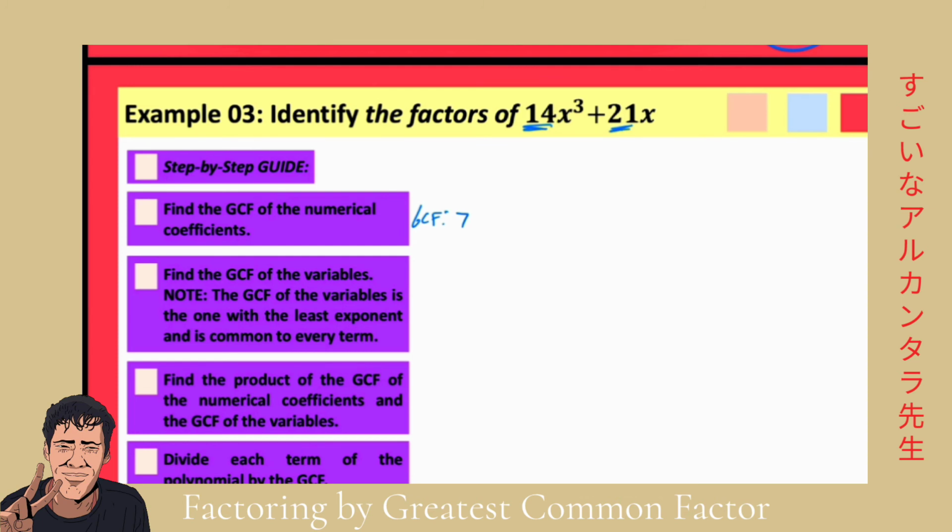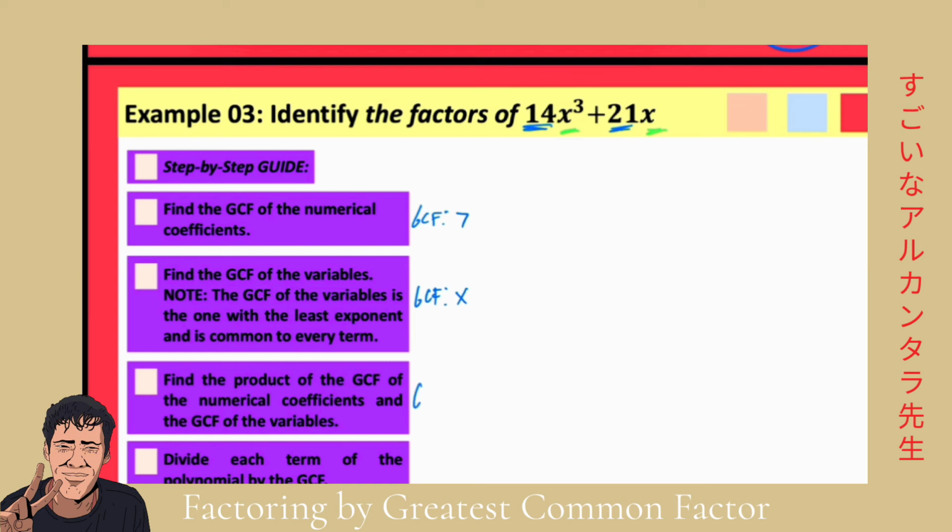In terms of the variables, you can see here that they have x for both terms. Again, the technique is that the lowest exponent will be the GCF, so this will be x. Now, to get the GCF for this example, simply multiply the GCF of the numerical coefficients to the GCF of the variables.